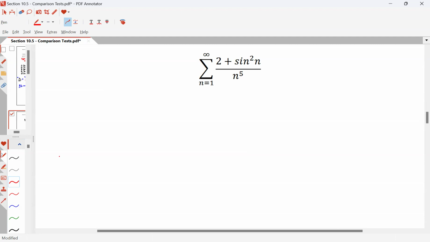So I'm going to look at the sine squared n part after we do that first step. And that's just checking in our mind, is this always positive? Yes. 2 plus sine squared n over n to the fifth is bigger than 0 when n is bigger than or equal to 1.